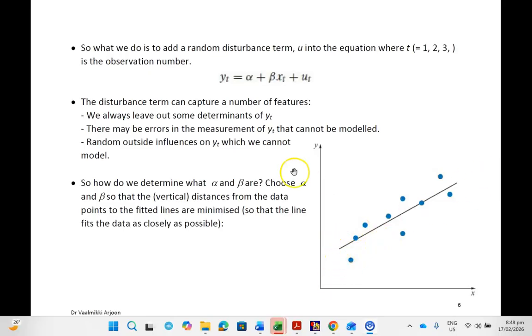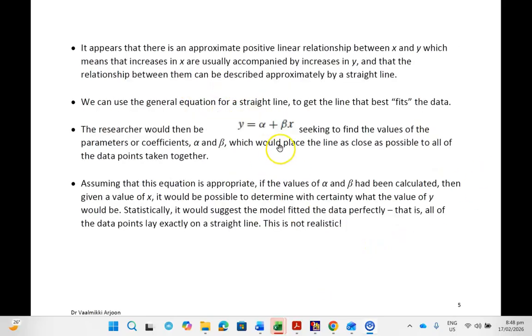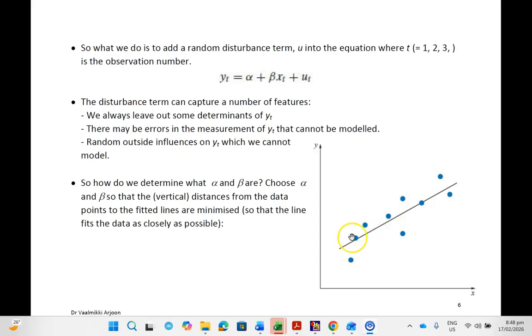You draw the regression equation, which is this. This would be perfect if all the data points were actually on this line, but as you can see, they're not. So the new regression equation to denote this picture is y is equal to alpha plus beta x plus u, u being the random disturbance term.